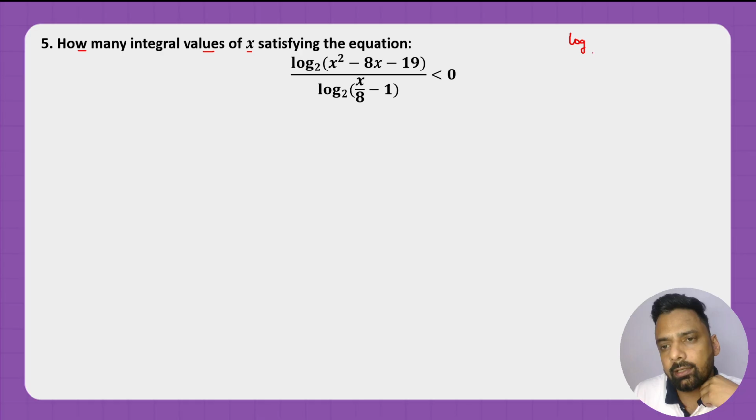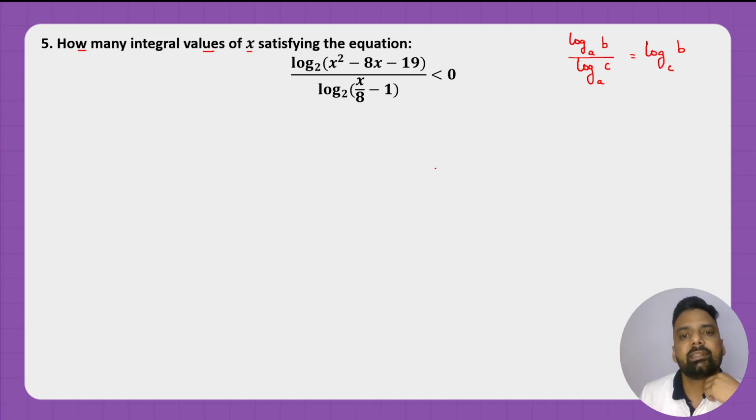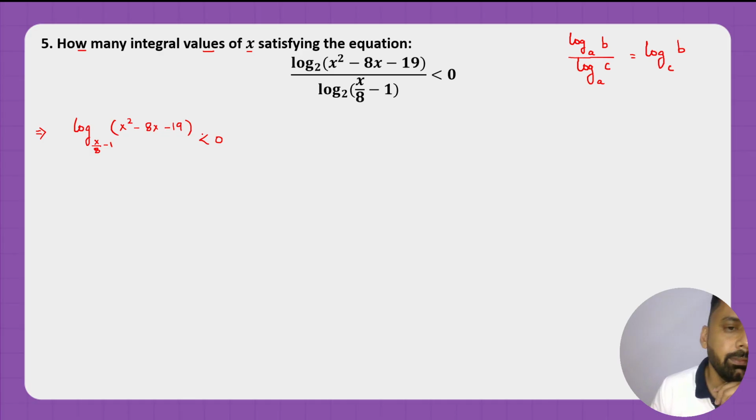Since we know that if we have log of b on base a and log of c on base a, we can write it as log b on base c, right? We can write it like this. So let's rewrite this equation as log base x by 8 minus 1 of x square minus 8x minus 19 less than 0. Okay.